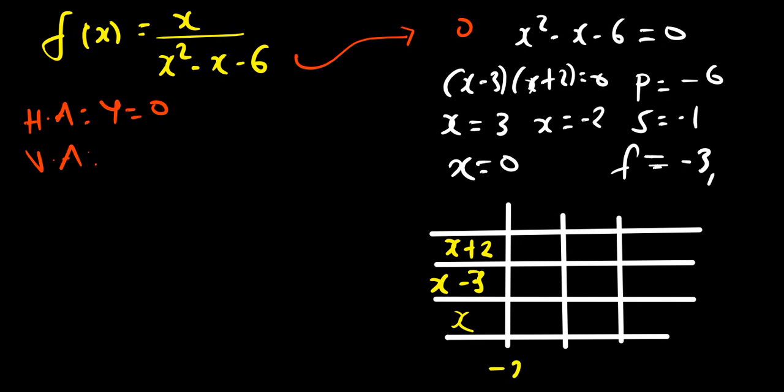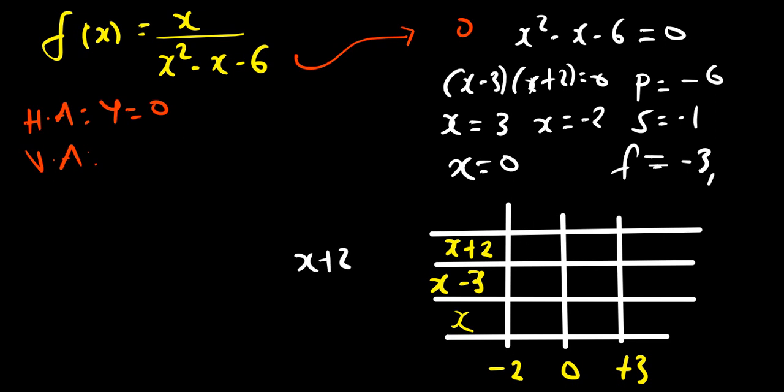The values of x that we have, the smallest one is negative 2. Then we've got 0, and the other one gave us a positive 3. Now which equation gave us the negative 2? You realize that x plus 2 is the one that gave us negative 2.